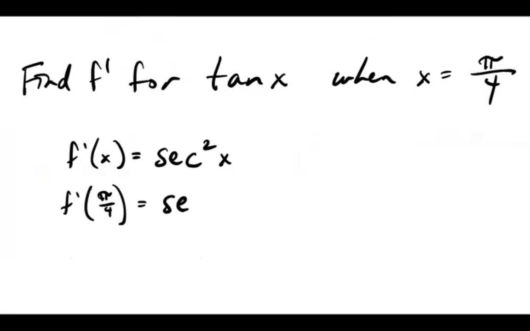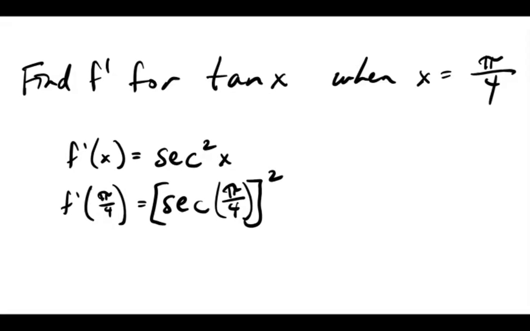And I'm going to move the secant, the squared part, to the outside, because that's really what it means. So now I'm going to go to my unit circle and figure out what secant of pi over 4 is.